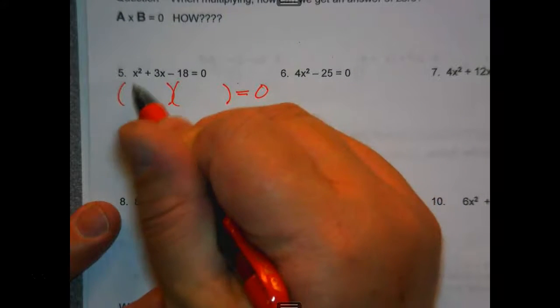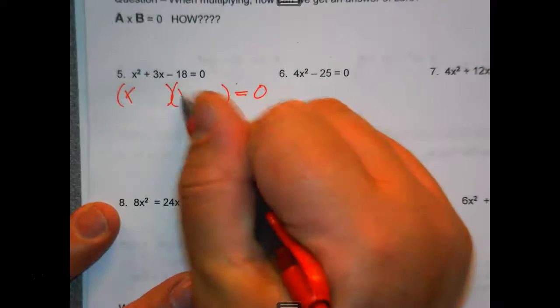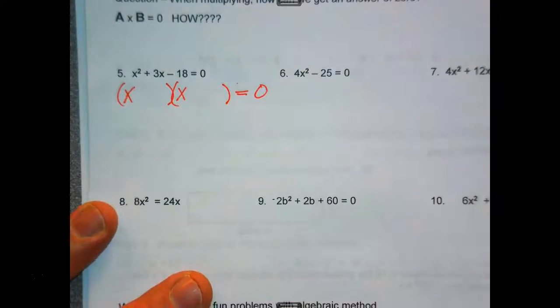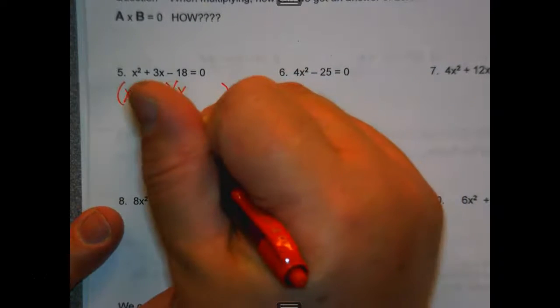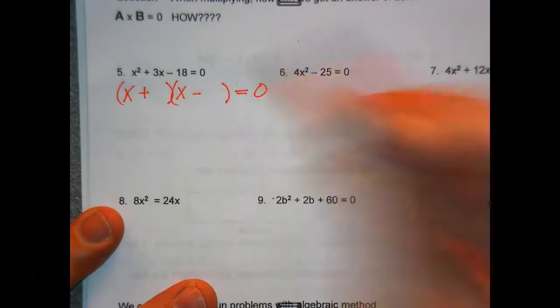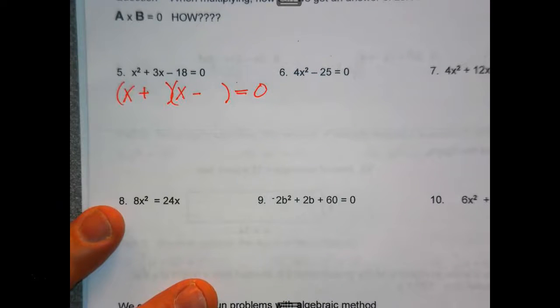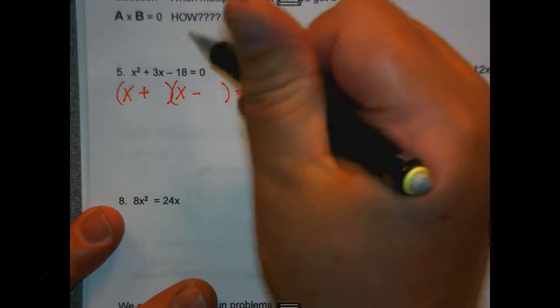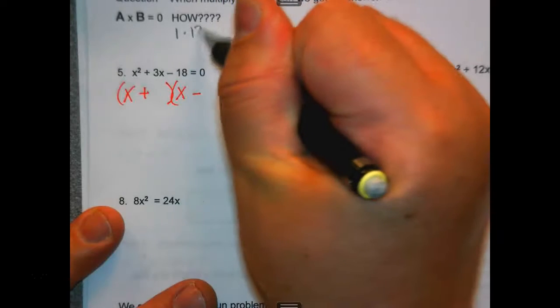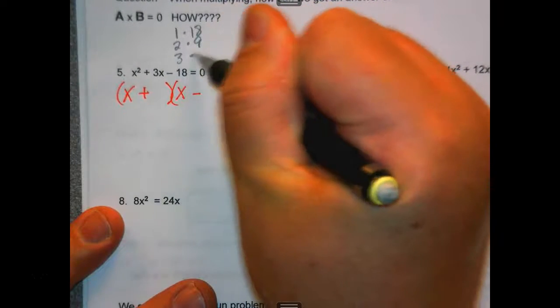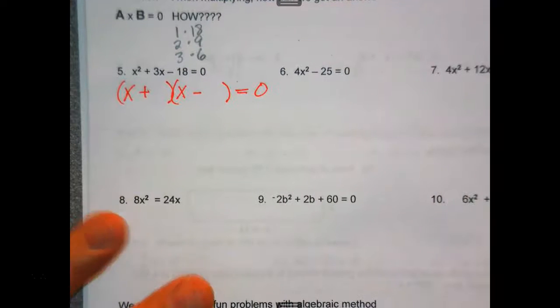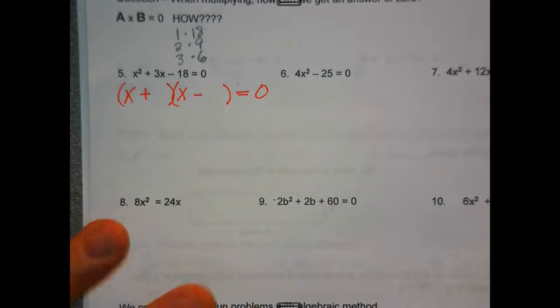Only one way to get x squared, x times x. Negative 18. So one has to be positive, one has to be negative. The factors of 18: 1 times 18, 2 times 9, 3 times 6.